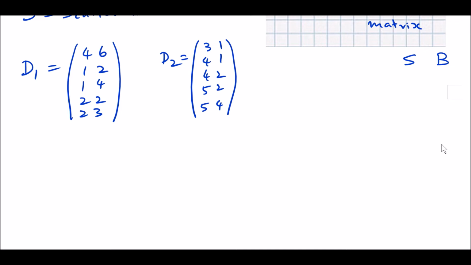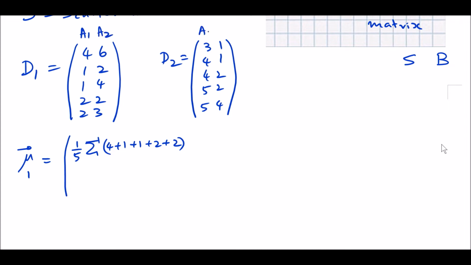And what is our mu1 for the first data matrix? We can calculate mu1 by summing the first row: 4 plus 1 plus 1 plus 2 plus 2. In fact, this data matrix 1 will have two mu values, one for attribute 1 and one for attribute 2.